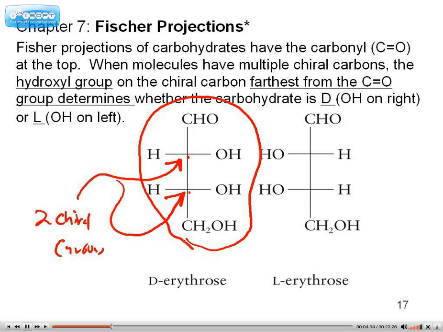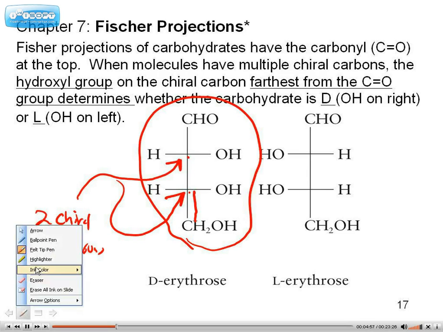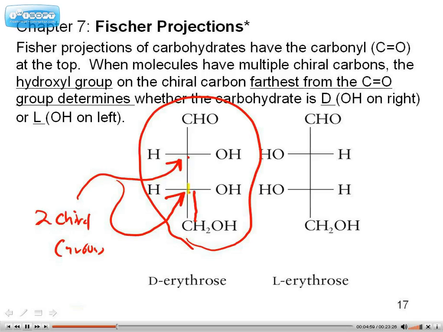So, when it comes to figuring out, using the Fischer projection, whether you have a D or L enantiomer, it's very easy. All you have to do is look at the carbon which is second from the bottom, and then ask yourself: is the alcohol going to be on the right-hand side, or is it going to be on the left-hand side?